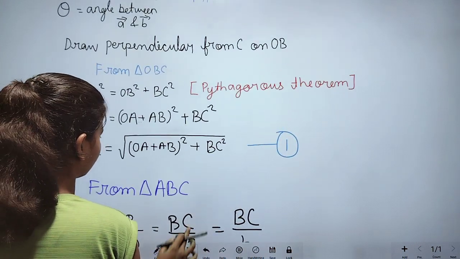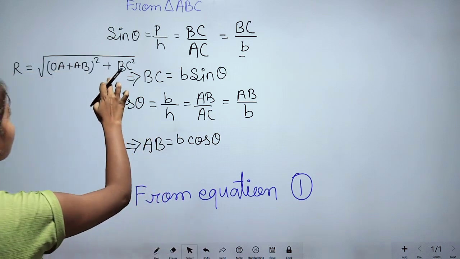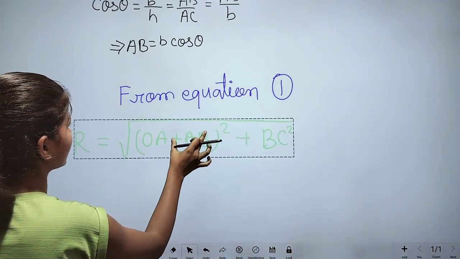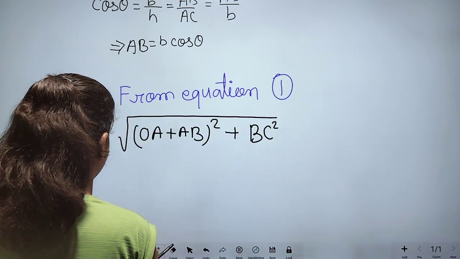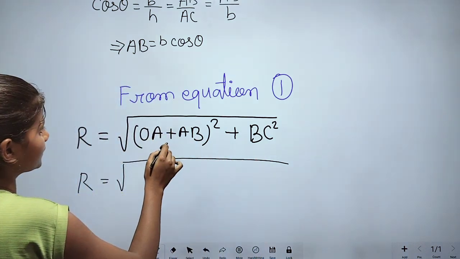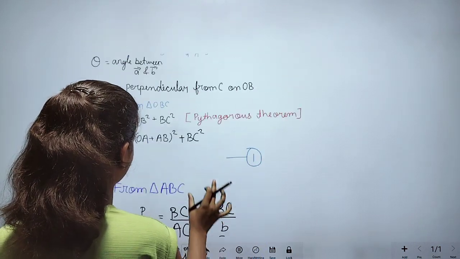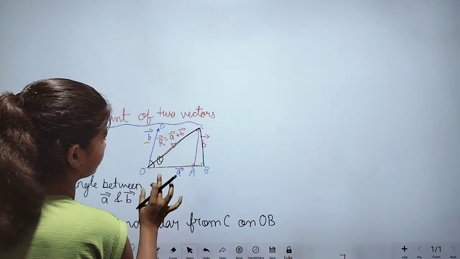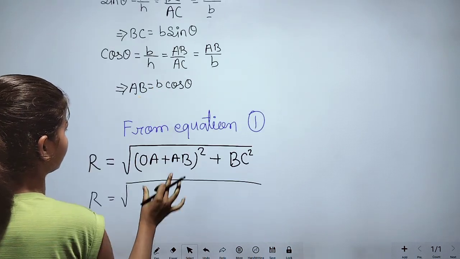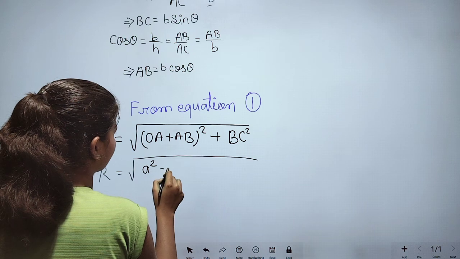Here you can see that OA is equal to A. So in the place of OA we write A square, plus AB.